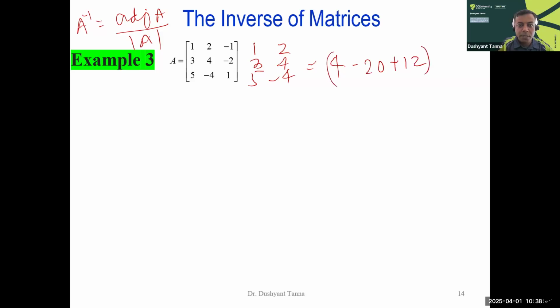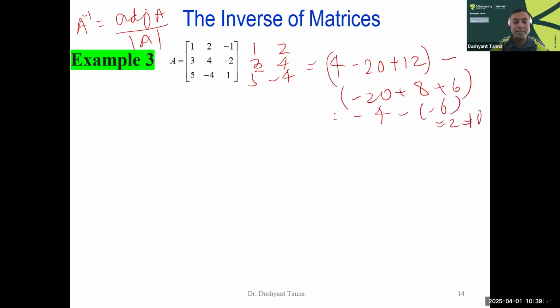That's the first part. Then the second part is minus 20 plus 8 plus 6. So that is minus 4, and this is minus 6, minus of minus. Ultimately, that's 2, which is non-zero. Happy days, inverse exists. So we will write inverse exists. That's our first step.